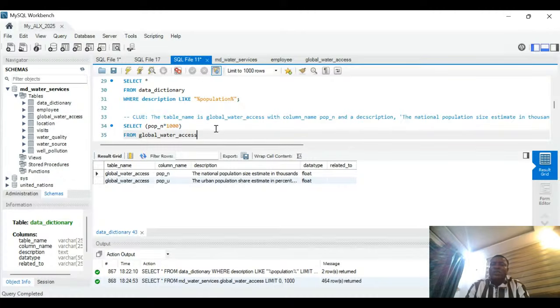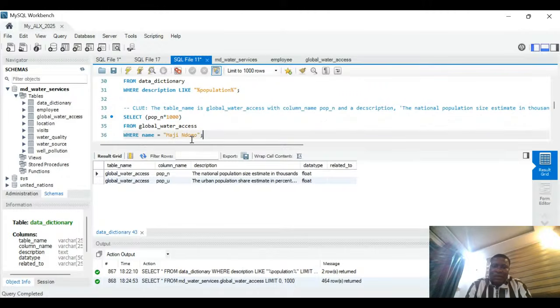So whatever value we may come up with, if we don't multiply it by 1,000, we will not be getting the right figure. So right from the onset, my query starts by saying the national population should be multiplied by 1,000. And where are we getting this from? We are getting it from the global water access table.